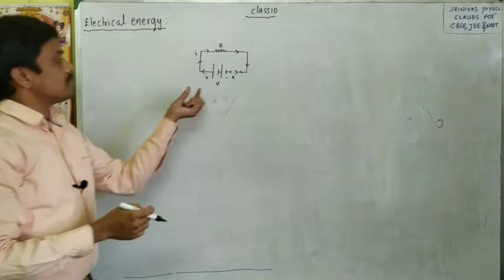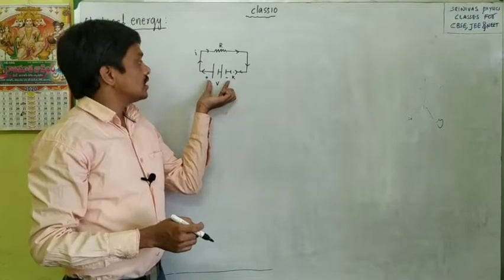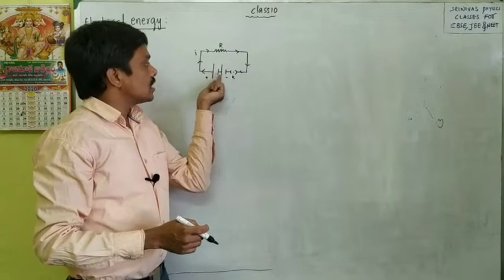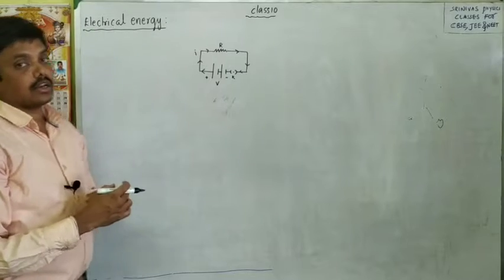Here the battery supplies some energy to the electrons to travel along the circuit.